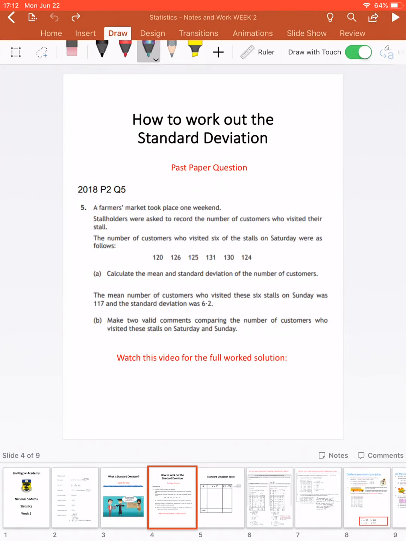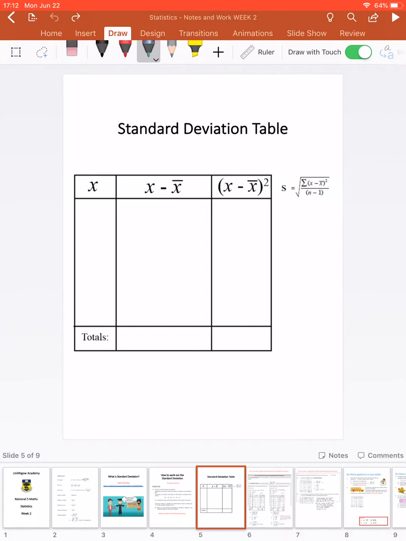So, I have started you off on the next slide with the standard deviation table, but you should try your best to memorise this, and after a lot of practice you'll know what 3 columns to set up when you're doing questions like these. So your first column would be your X, and that is your initial numbers given in the question.